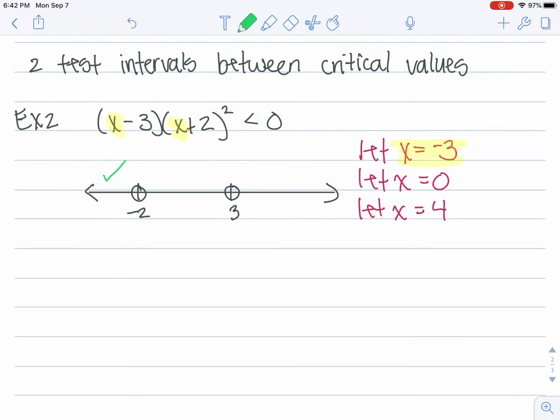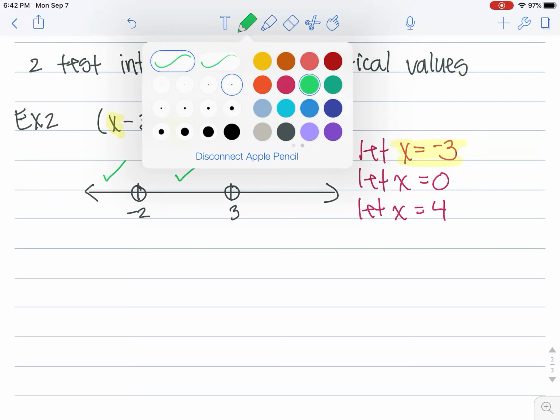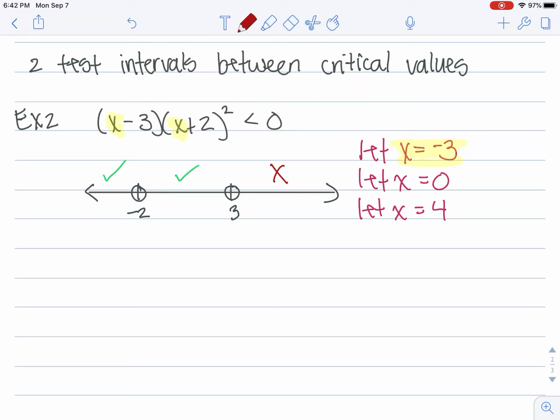When I plugged in a 0, I came out with a true statement. When I plugged in a 4, I came out with a false statement. The number was not less than 0.